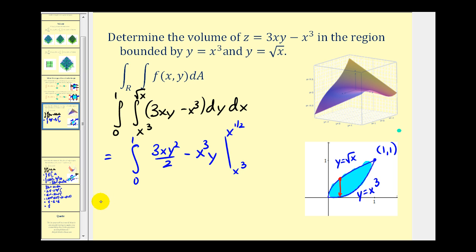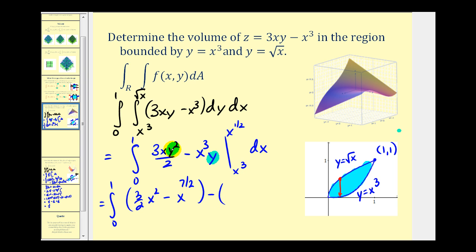Let's see what we get here. Because we integrate with respect to y, we're replacing y with x to the 1/2 and x to the 3rd. And that's important to remember. So when y is equal to x to the 1/2, we'll have 3/2 x squared minus x to the 3rd times x to the 1/2, that's x to the 7/2, minus, now we replace y with x cubed.